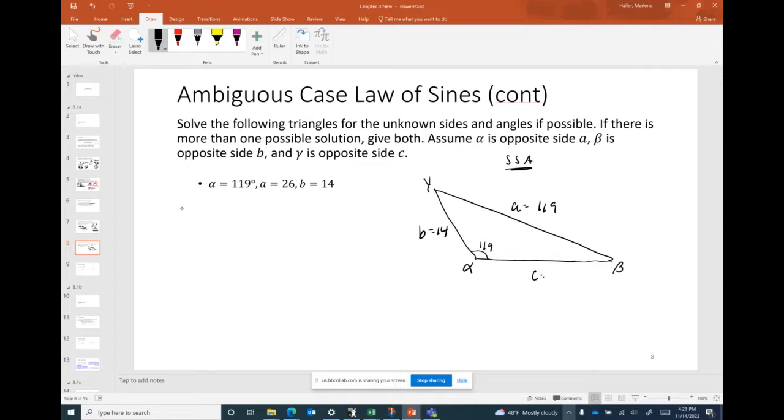All right, let's set up the first ratio and solve. The sine of alpha, the sine of 119 over A, 26, is equal to the sine of beta over 14. Let's try to find beta first. With cross products, I'm solving for sine of beta, then inverse sine of both sides. Beta is the inverse sine of 14 times the sine of 119 over 26.